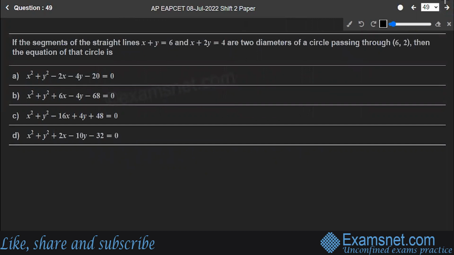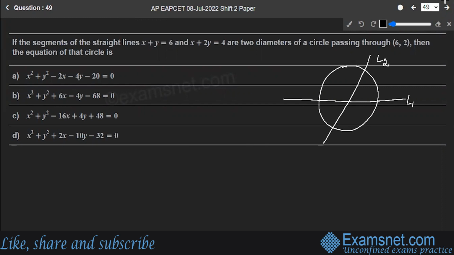If the straight lines x plus y is equal to 6 and x plus 2y is equal to 4 are two diameters of the circle passing through (6, 2), then the equation of the circle is. So let's draw the circle. Here is the circle, and this is the line L1. This is the line L2.